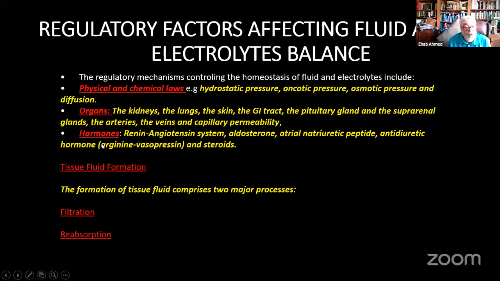And hormones: the renin angiotensin system, aldosterone, atrial natriuretic peptide, antidiuretic hormone, which is arginine vasopressin, and steroids. And we have to know the rules that govern tissue fluid formation, which is summarized in two processes, filtration and reabsorption.